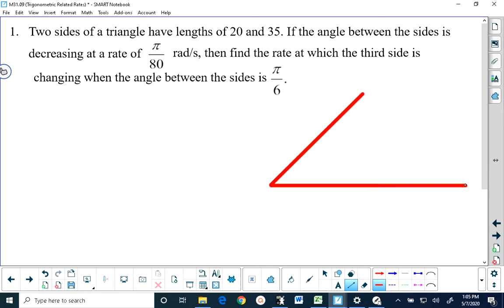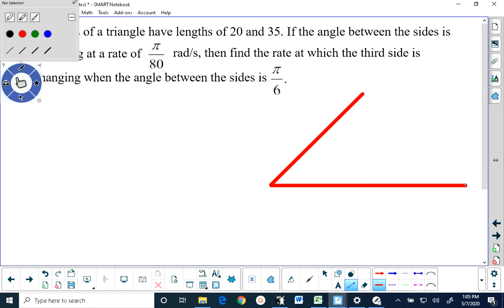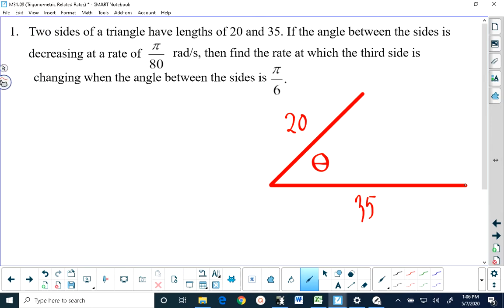In other words, everybody, theta, the angle between the sides, is a variable. On the other hand, the numbers 20 and 35 are constants, which means I am allowed to put those numbers into my equation right out of the gate. They are not changing, they are constants.